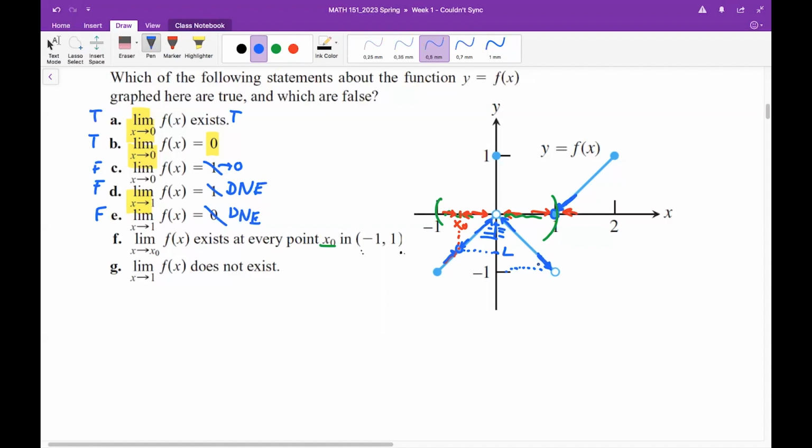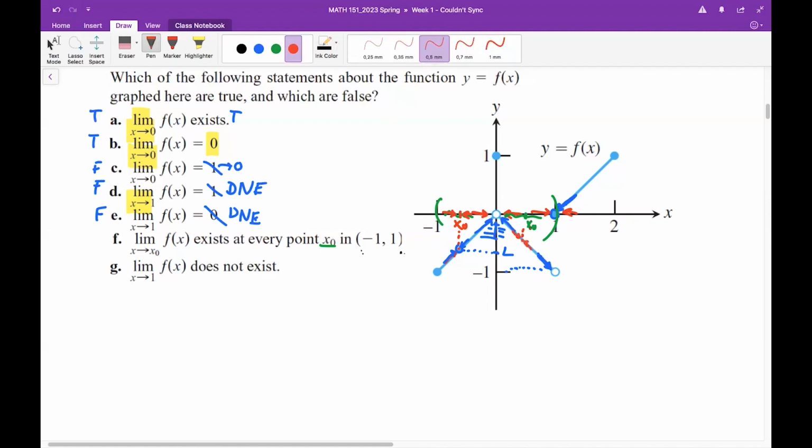There is no problem on both sides. The images are approaching the same real value L. This means that the limit exists or not? Exists. The limit exists and its value is L. And this is true for all the x0 points in this interval. No matter where you choose your x0, the same situation happens, right?